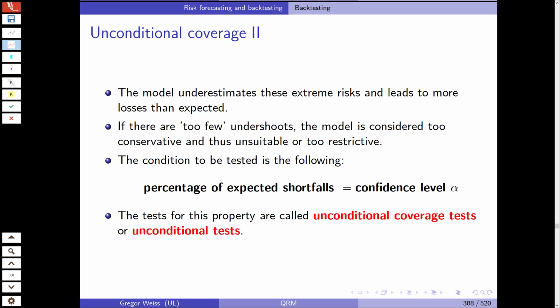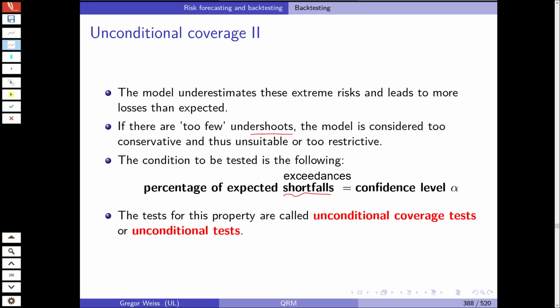Now, the model underestimates these extreme risks and leads to more losses than expected. If there are too few exceedances, the model is considered too conservative and thus too restrictive. So the condition that needs to be tested here for unconditional coverage is that the percentage of expected VaR exceedances should match the confidence level alpha.